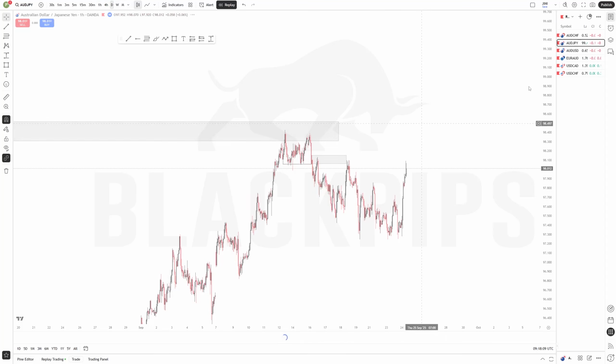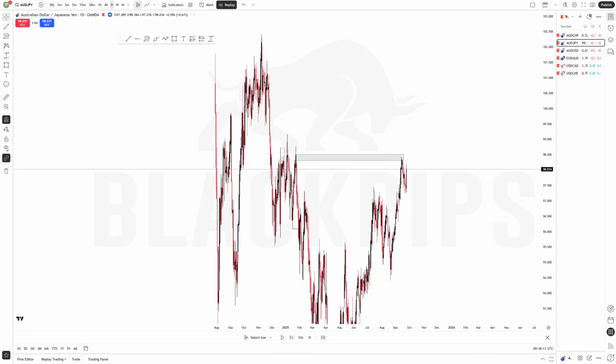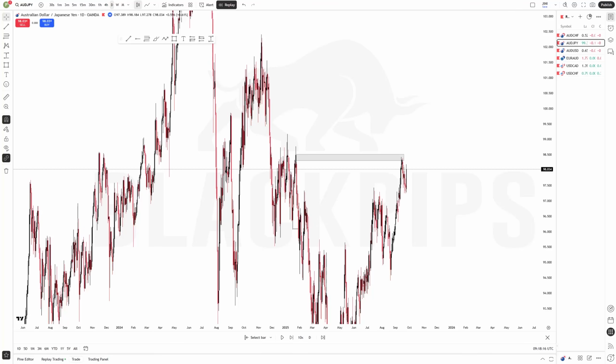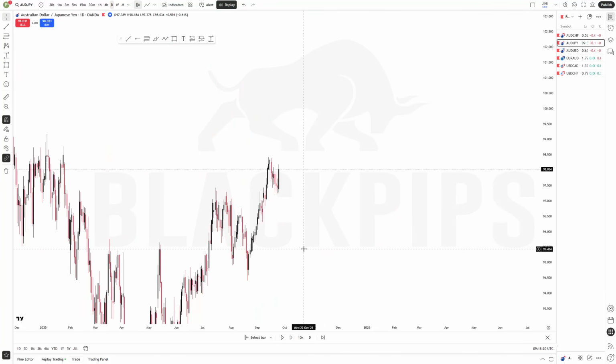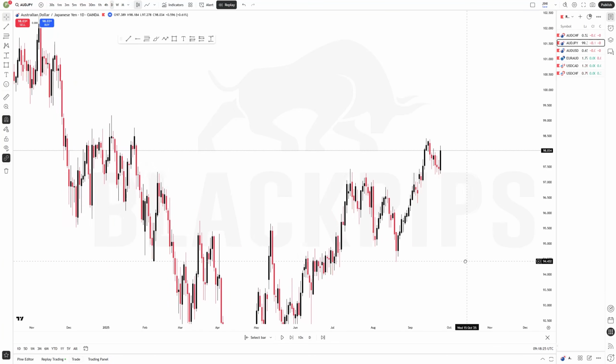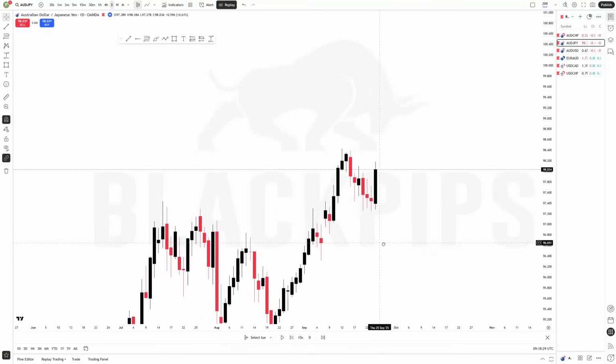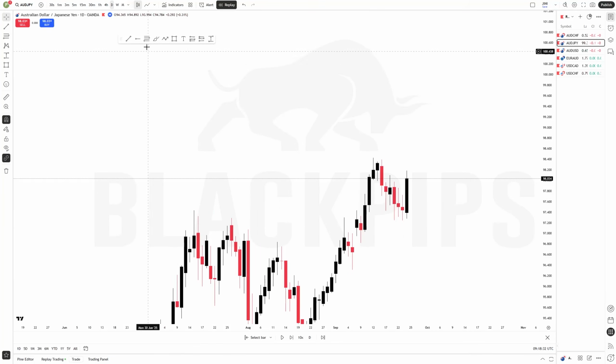But another entry that we had on this Audi JPY, let me try to show you. It was from this point here. The market gave us this break of market structure here, and after that the market just came and reacted to hit this point.